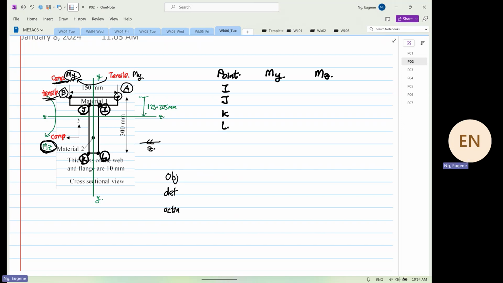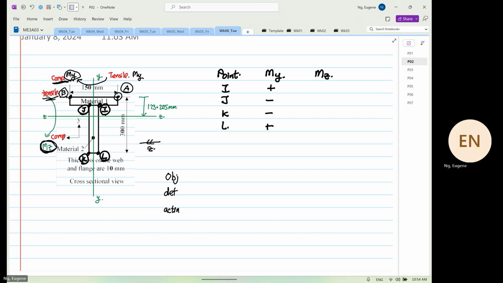At point I, moment about Y will be what? Tensile. At point J, moment about Y will induce what? Compression. At point K, moment about Y will induce what? Compression. And at point L, moment about Y will generate tensile.